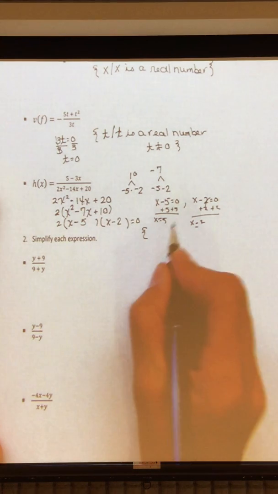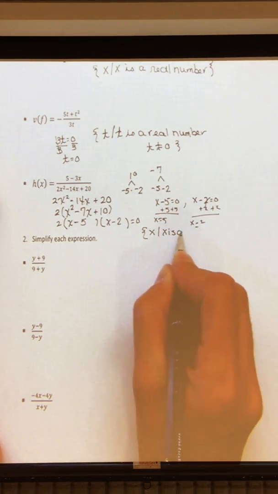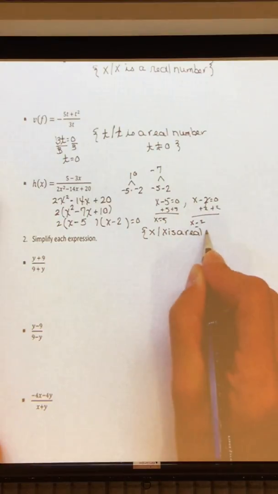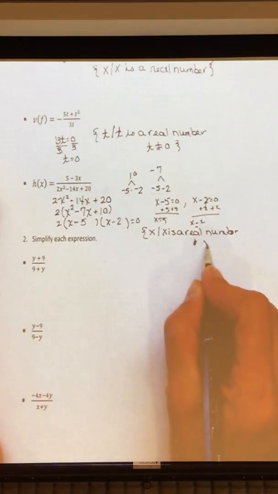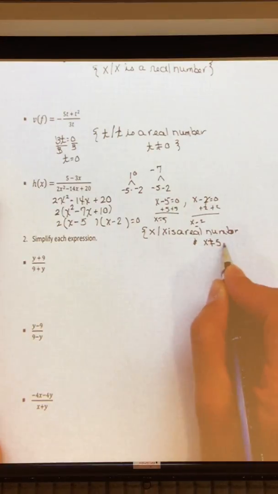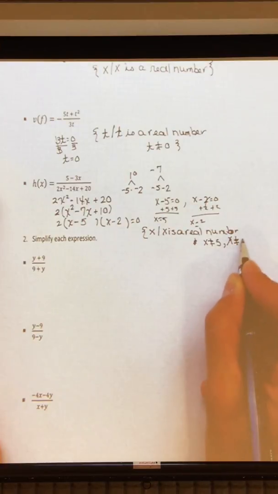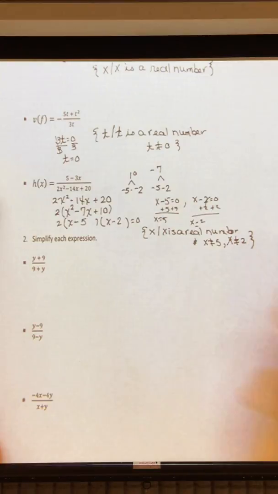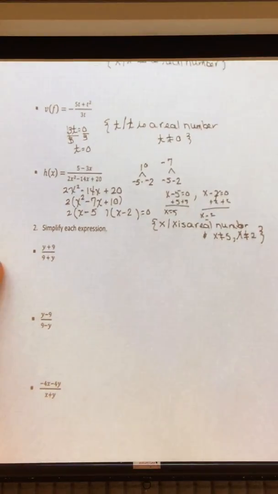So let us write that down: for every value of x, x is a real number and x cannot equal 5 and x cannot equal 2. And that is problem number 1.